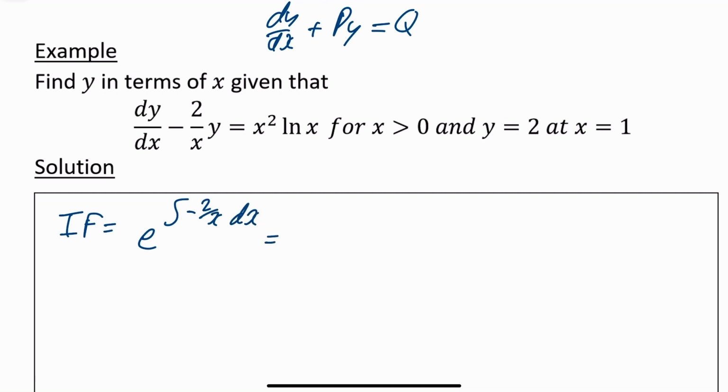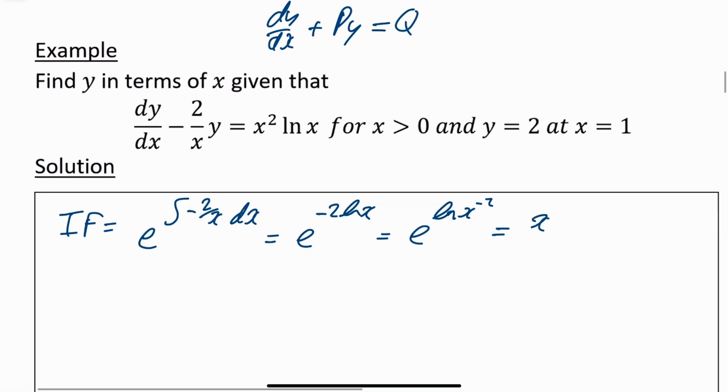So if you integrate that, you're going to get e to the minus 2 ln of x, which is e to the ln of x to the minus 2, which is just, the e and the ln cancel, which just gives you x to the minus 2. So basically, to make this an exact thing, we have to multiply through by the integrating factor. So it becomes, multiply through by x to the minus 2.